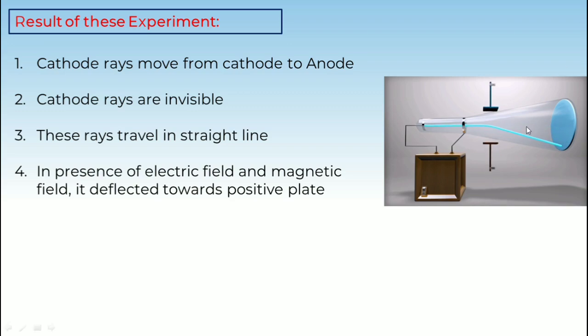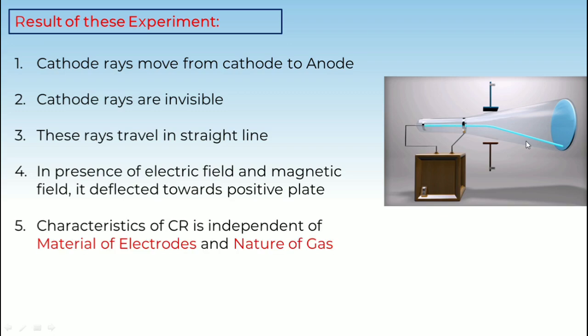Here we can see it deflecting towards the positive plate. The characteristics of cathode rays are independent of the material of the electrodes or the nature of the gas. It only depends on the low pressure of the gas and the high voltage electricity applied.